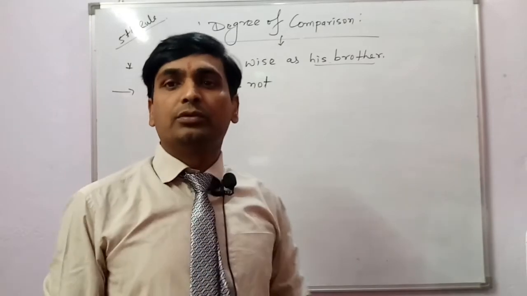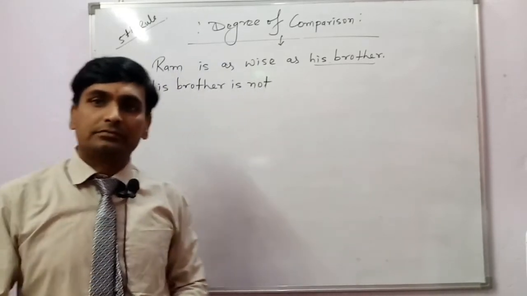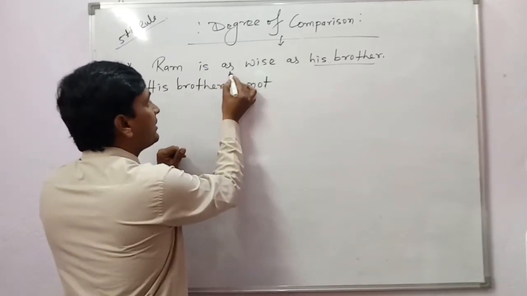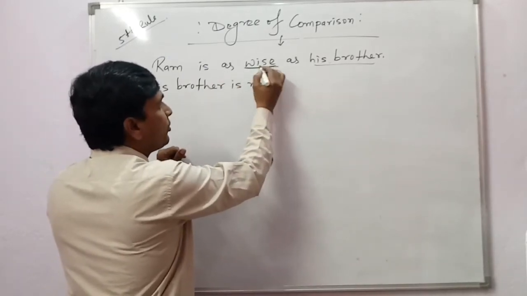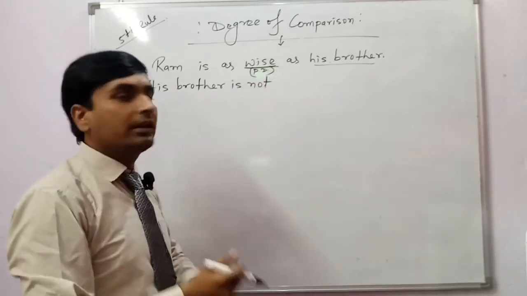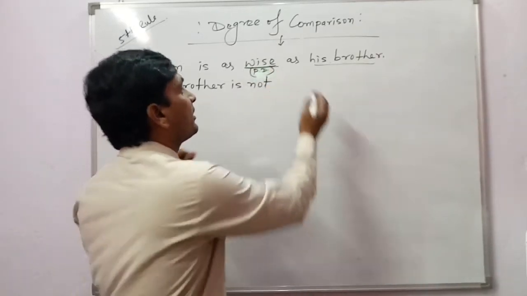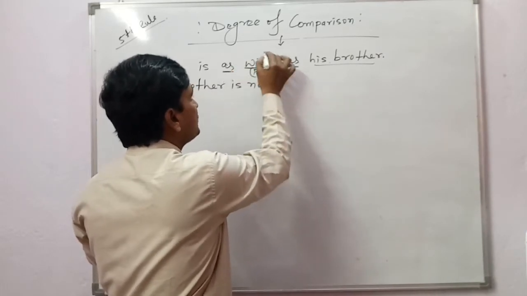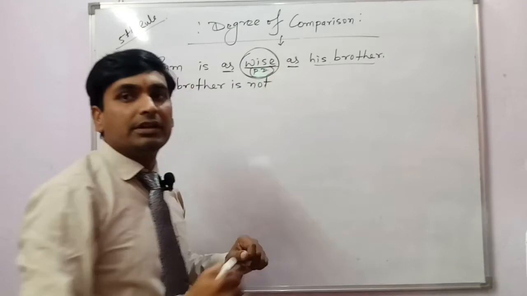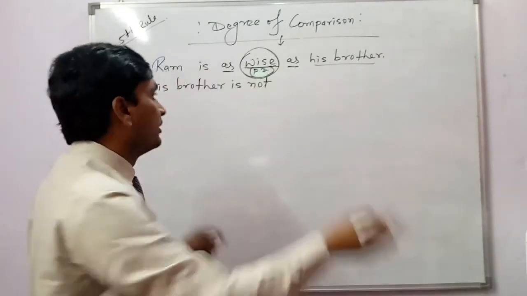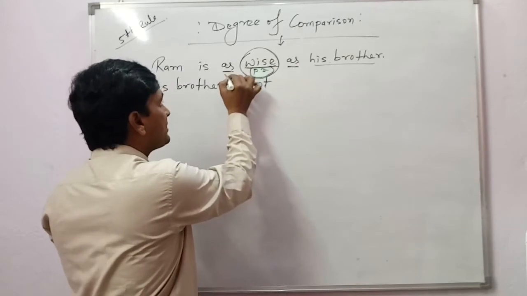And then what you have to do, I have added not here, and then you will get the positive degree. This is PD. P stands for positive, D stands for degree. So positive degree you will get inside as. So inside as you can see here there is a positive degree. So this positive degree you have to change into comparative degree, and you have to remove as.